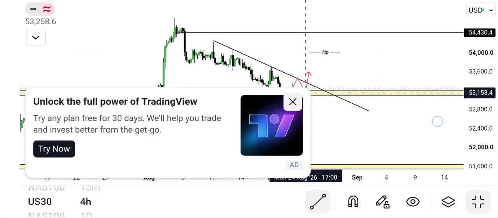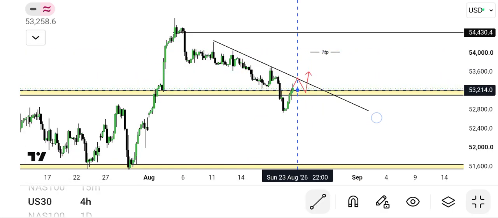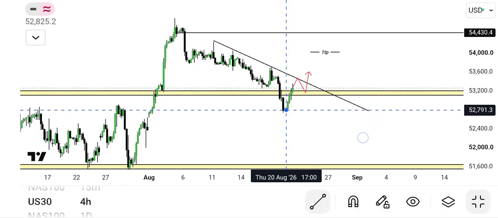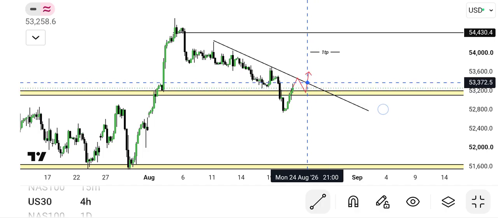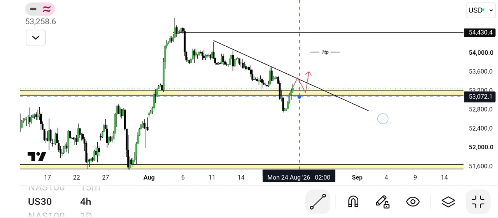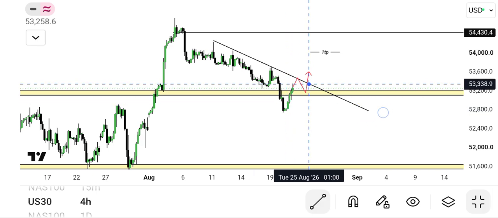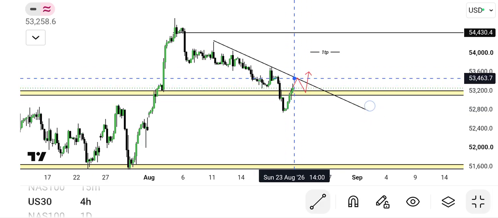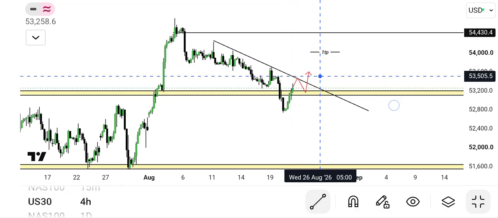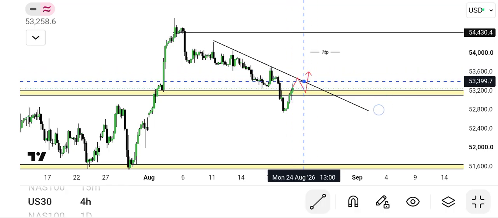If I should see some weak rejections, I may likely jump the trade at this point here. If I should see a weak rejection, something like 1 or 2 candles, or maybe a bullish candle like this one here, I may likely jump on it. You understand? I may not wait for this point here, but the accurate way is to wait for a candle to break out of this. Yeah, so that's just it.